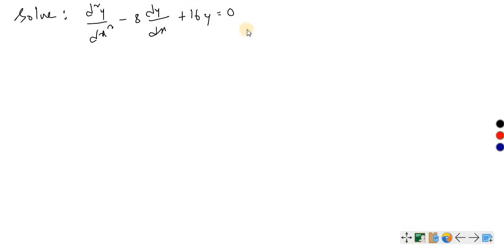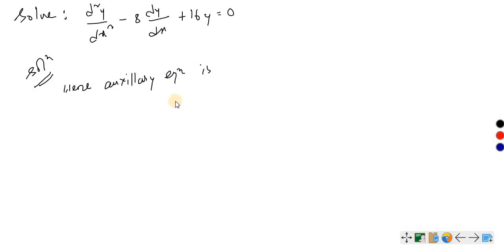Suppose we have got the question: solve d²y/dx² minus 8 dy/dx plus 16y equals 0. So this is the question. So what will be the solution? At first we'll write the auxiliary equation.